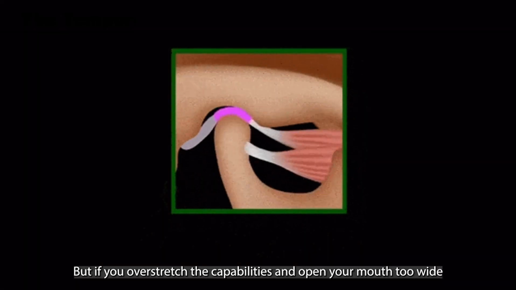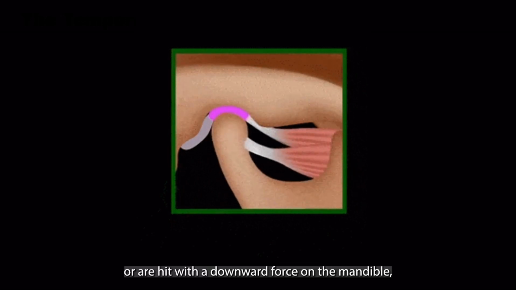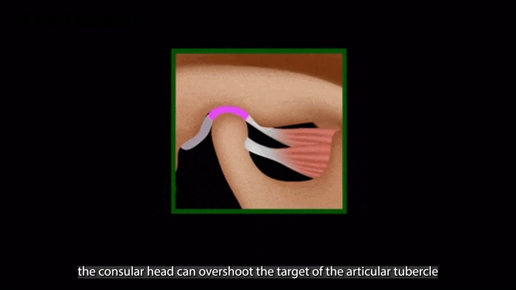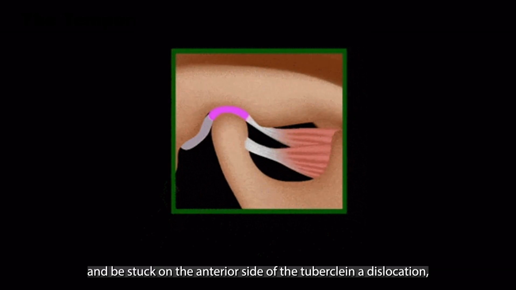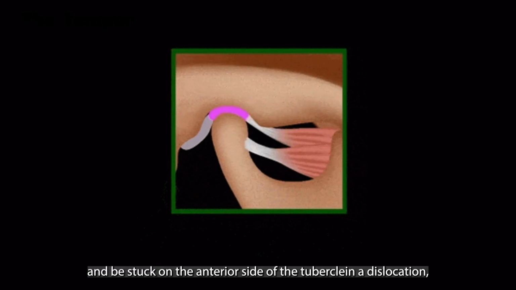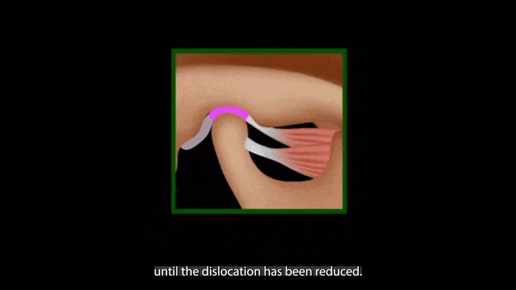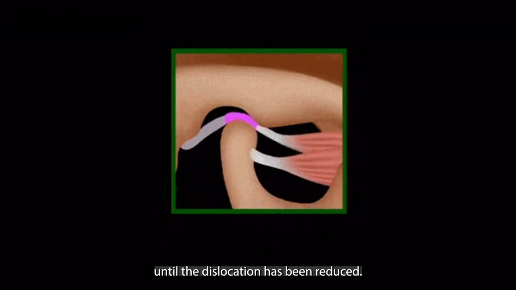But if you overstretch the capabilities and open your mouth too wide, or are hit with a downward force on the mandible, the condylar head can overshoot the target of the articular tubercle and be stuck on the anterior side of the tubercle in a dislocation, leaving you unable to close your mouth until the dislocation has been reduced.